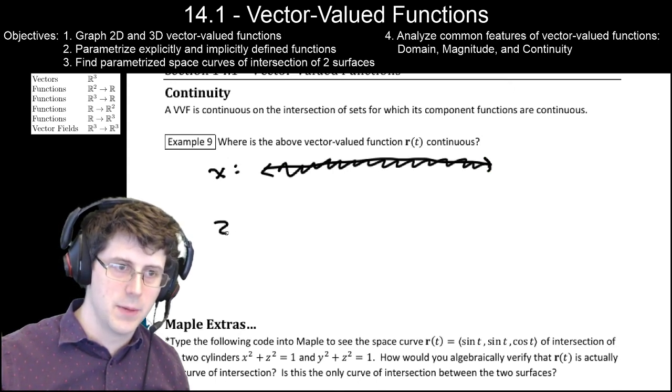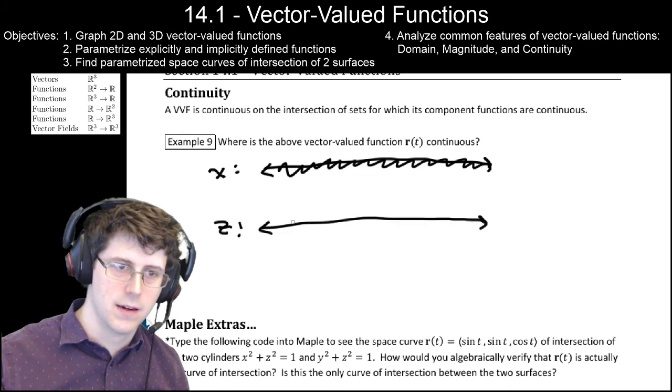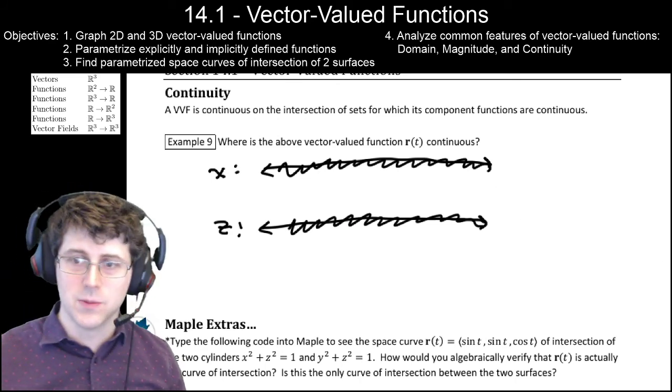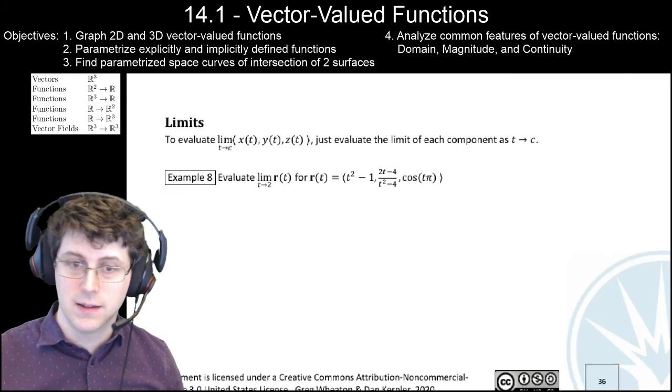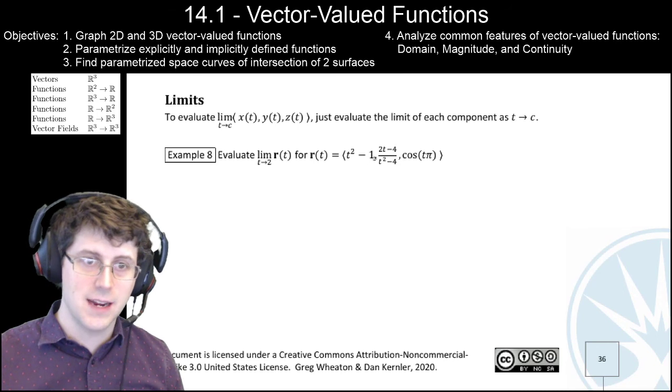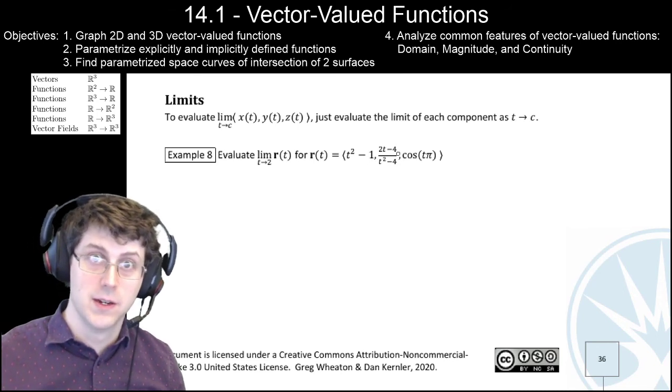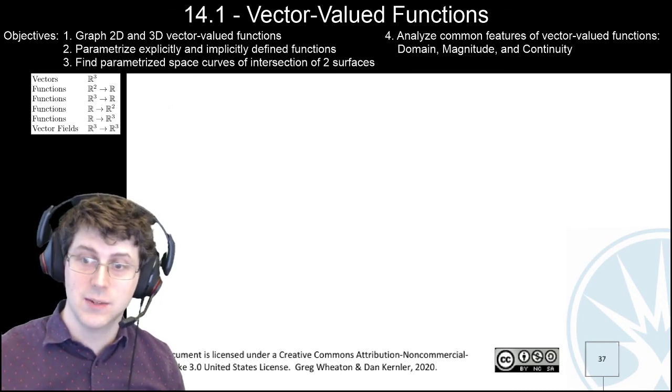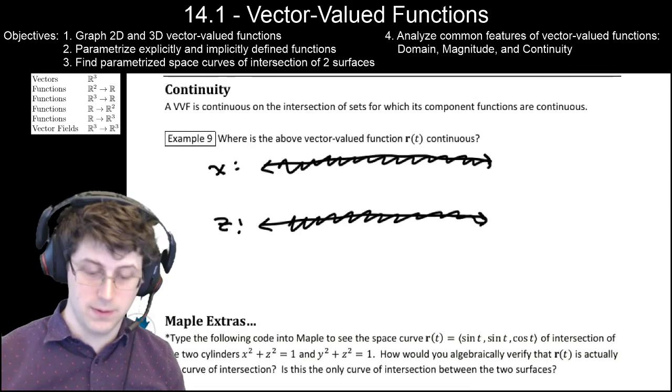The z component is continuous everywhere. And then all we have to worry about is where the y component is continuous. Well, the y component is continuous everywhere except where its denominator is 0. So everywhere except t equals 2 and t equals minus 2.